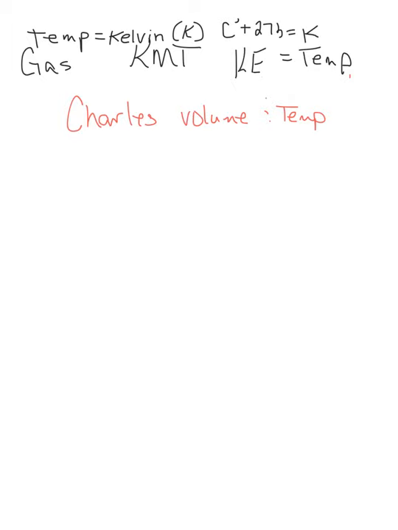All right, so getting back to Charles' law, it describes a relationship between volume and temperature. The formula is V1 over T1 is equal to V2 over T2. What does that mean? What we're doing in these problems is looking at gases in an initial state.